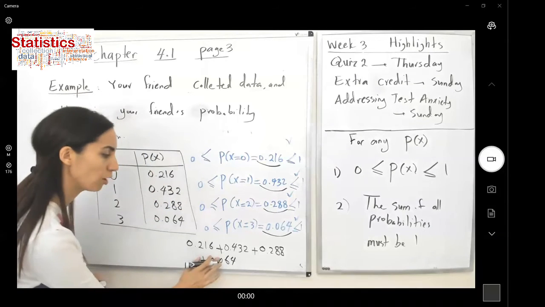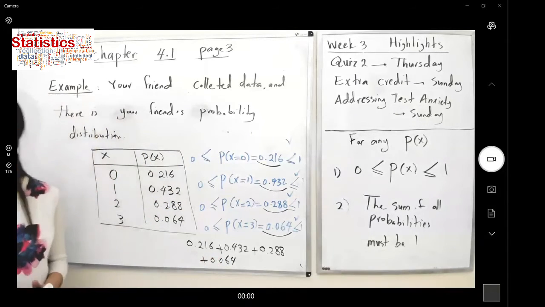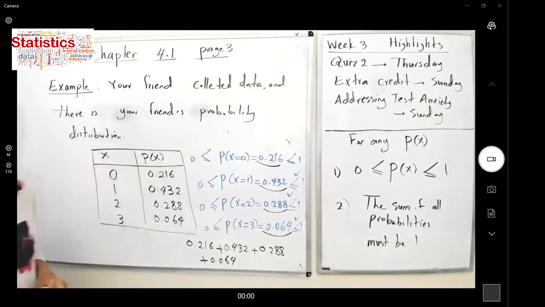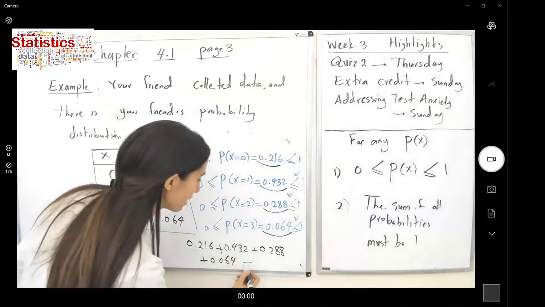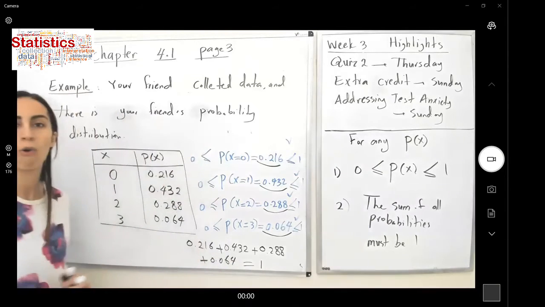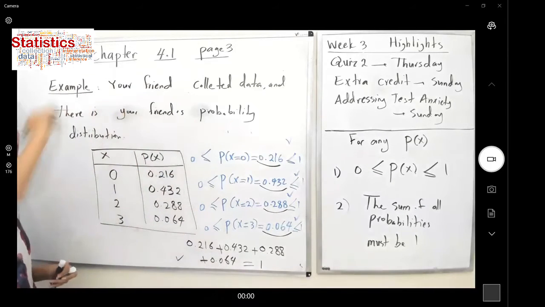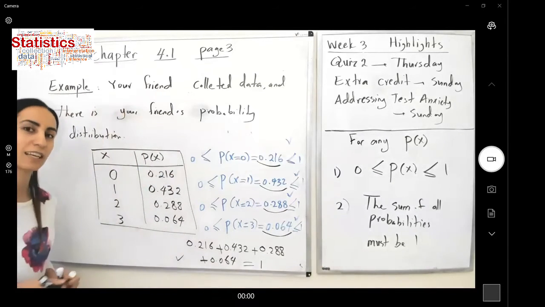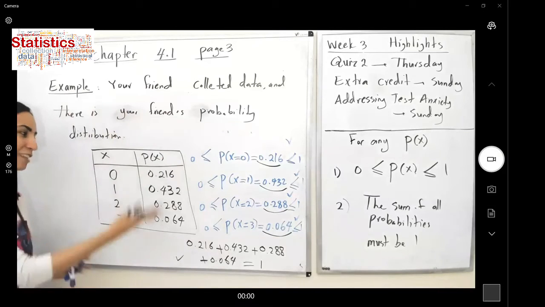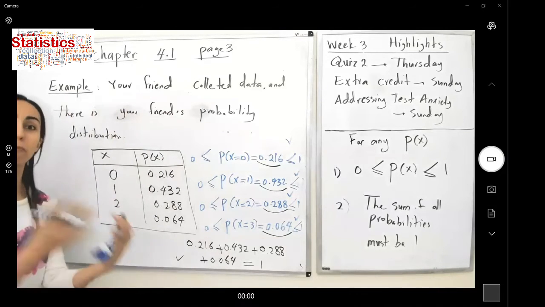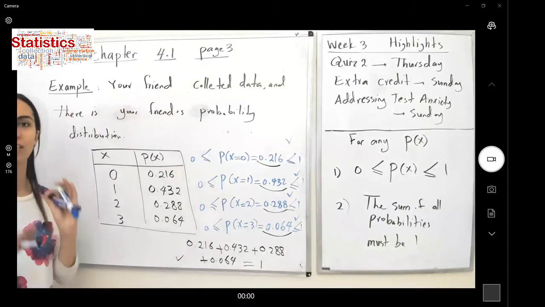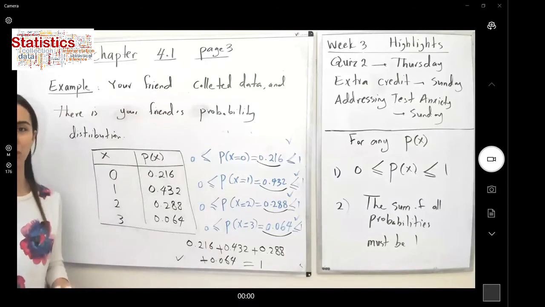Is this equal to 1? Yes, very good. Excellent. This is equal to 1. So the second condition is also met, and you congratulate your friend and say, hey, the thing that you calculated represents a probability distribution function.